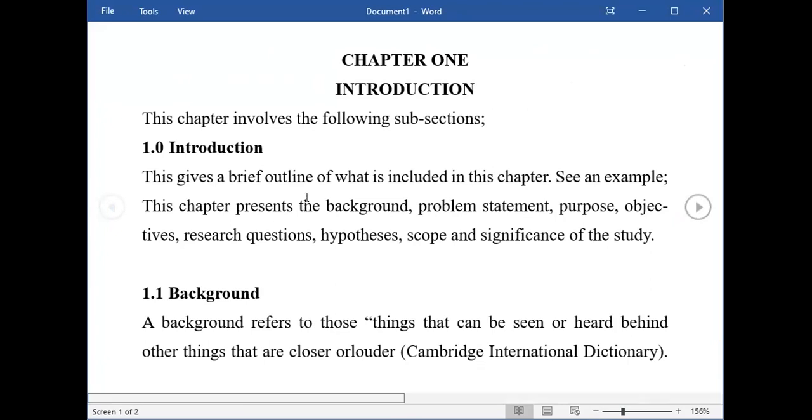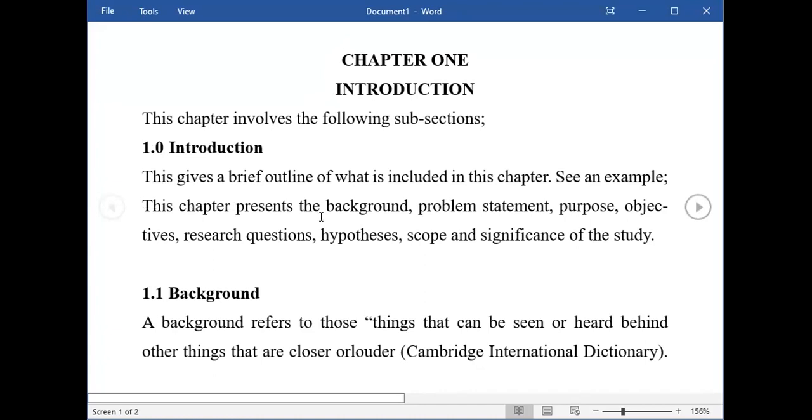Okay. So we said chapter 1 is called Introduction, and it has subsections which are outlined here in the introduction. We said 1.0 is the introduction, and this is where the researcher gives a brief outline of what is included in this chapter, and this is the example of how you write your introduction.